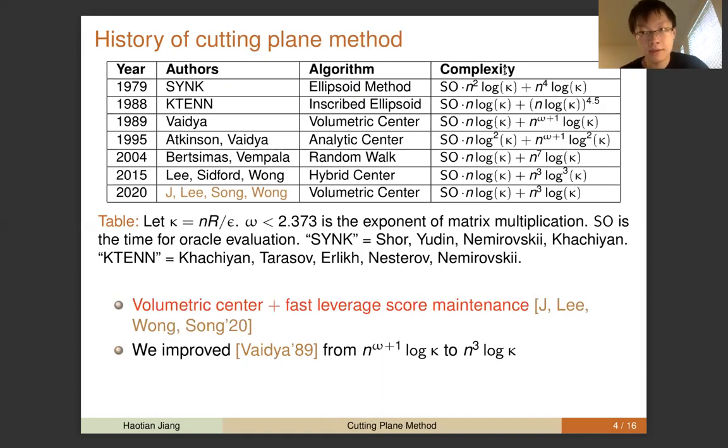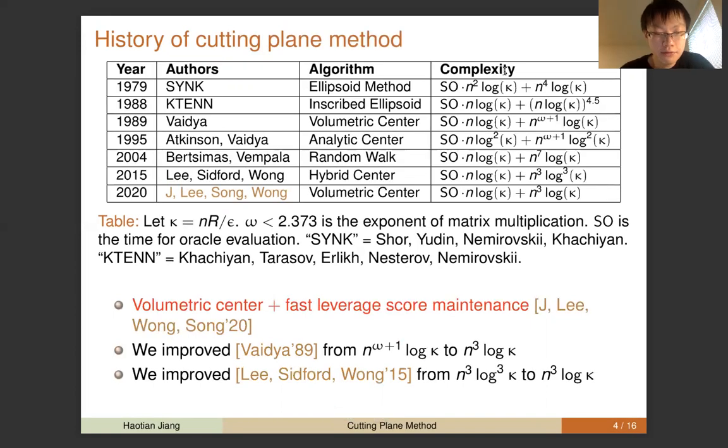Recall omega is roughly 2.373 at the moment. And we improved Lee, Sidford, and Wong's cutting plane method runtime from n^3 log^3 kappa down to n^3 log kappa. So why is this second improvement important? Why is this log kappa squared important?